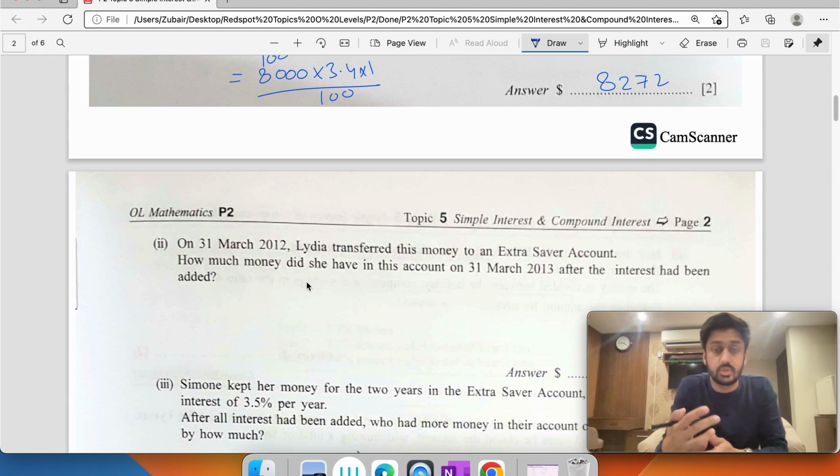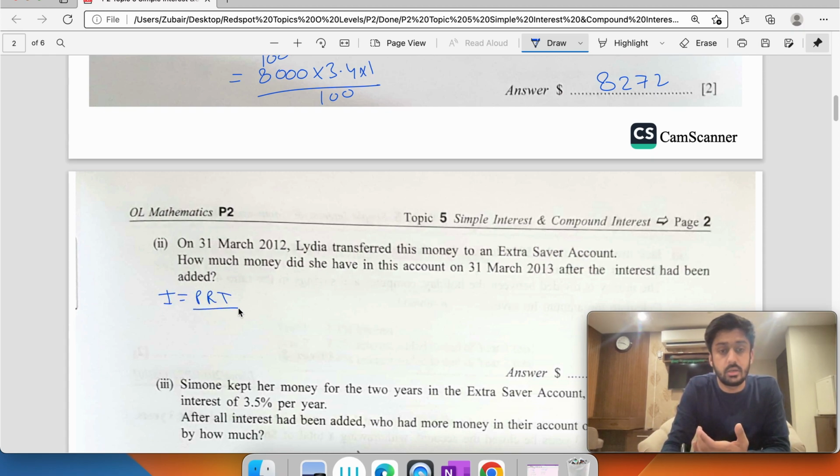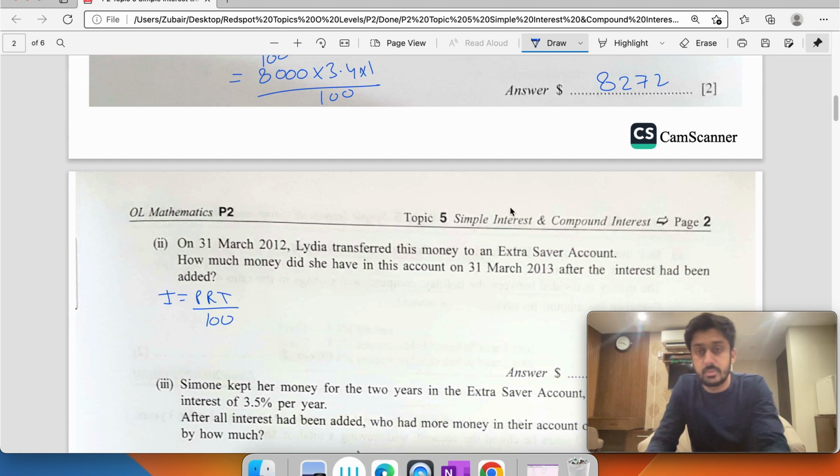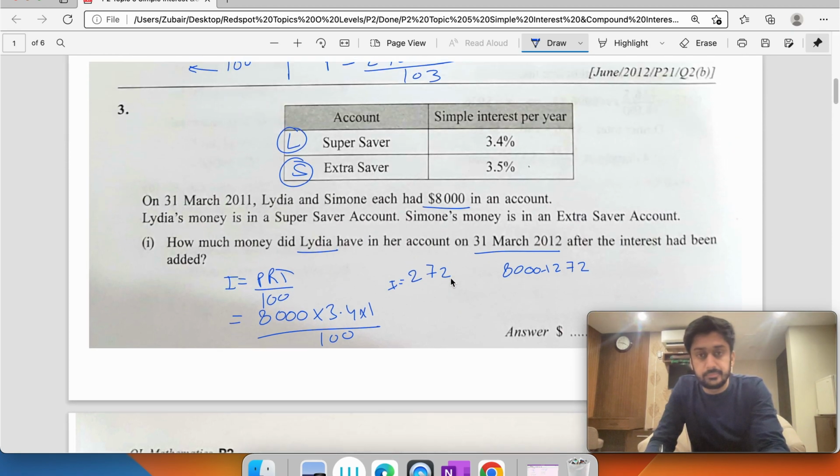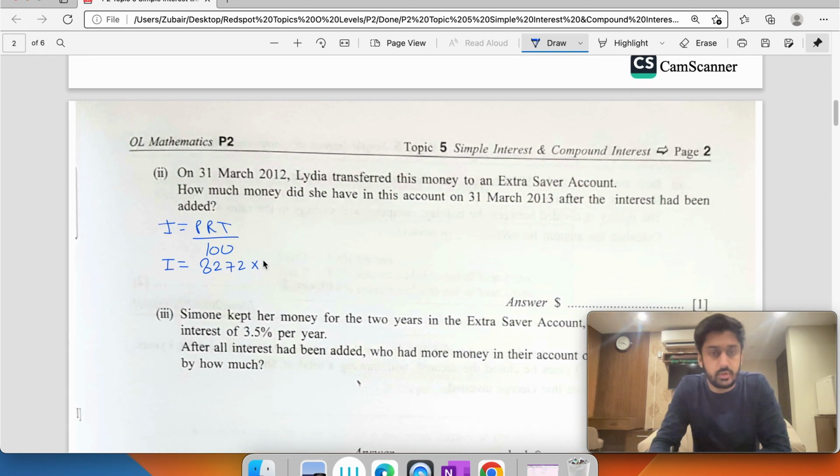On 31st March, Lydia transferred this money to an extra saver account. How much money did she have in this account on 31st March after the interest had been added? So I equals PRT over 100. Now this new amount is basically transferred. So the principal becomes 8272 times the new rate is 3.5 in 1 year.